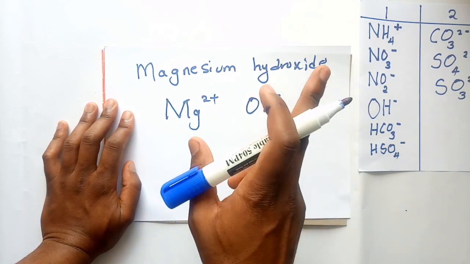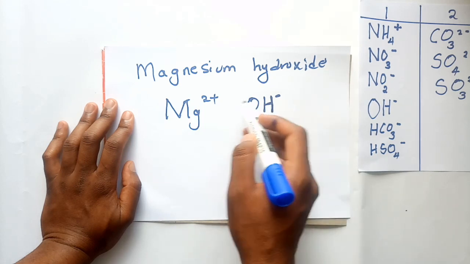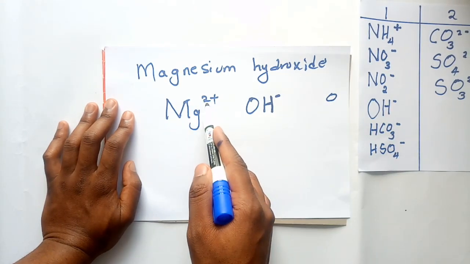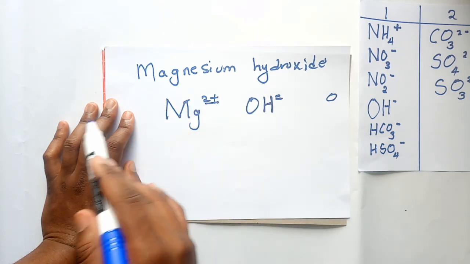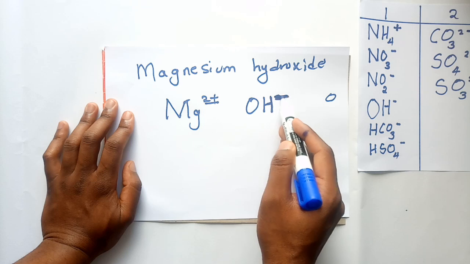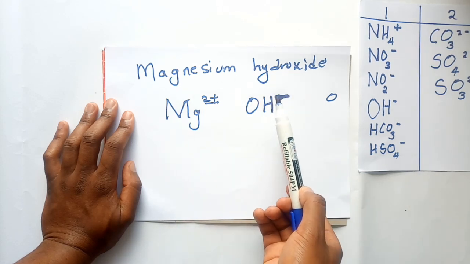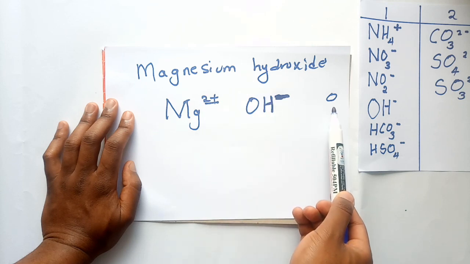So, as I said, the charges should total to 0. Here I have plus 2 and here I have minus 1. So how do I make this one 2 minus, so that 2 plus and 2 minus gives me 0?